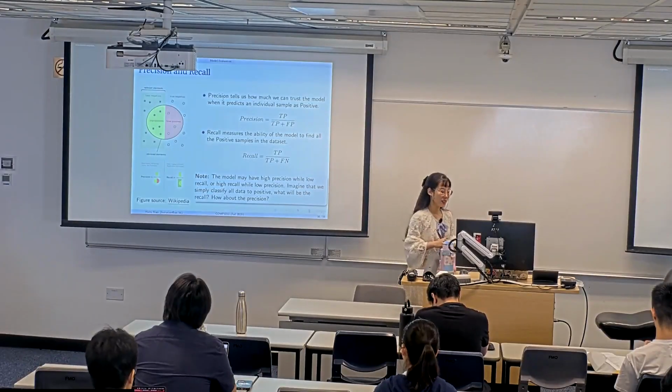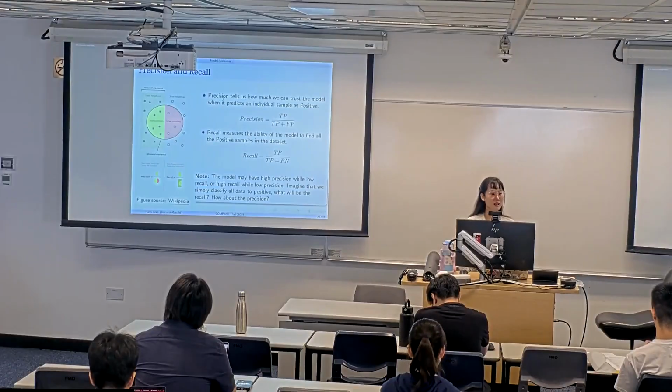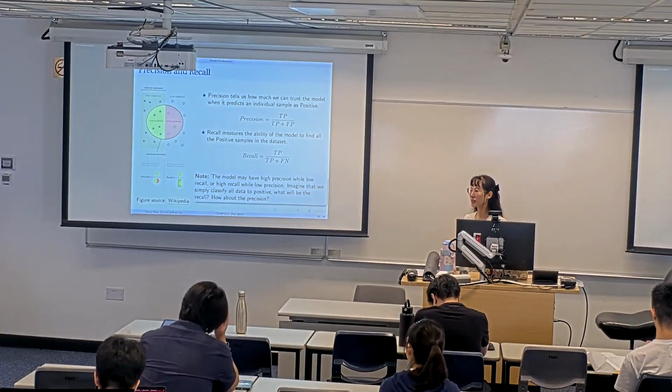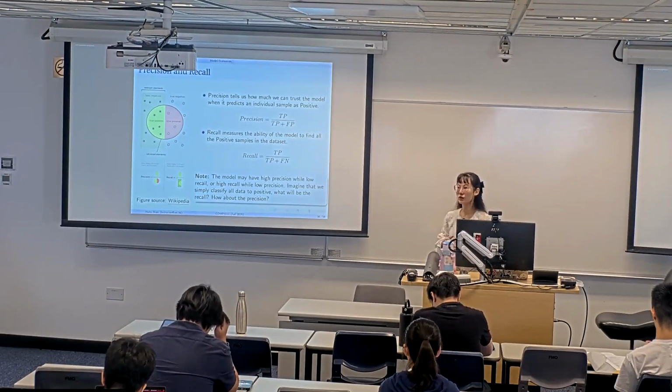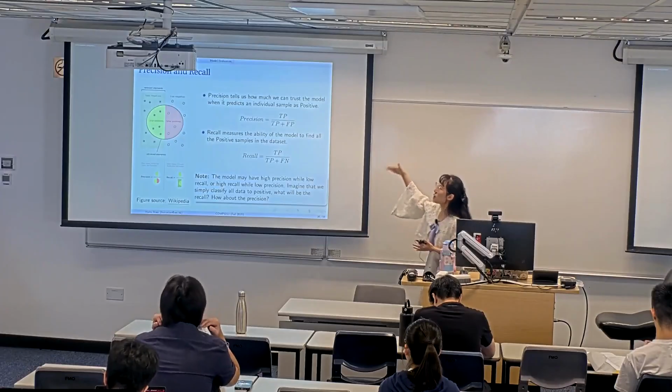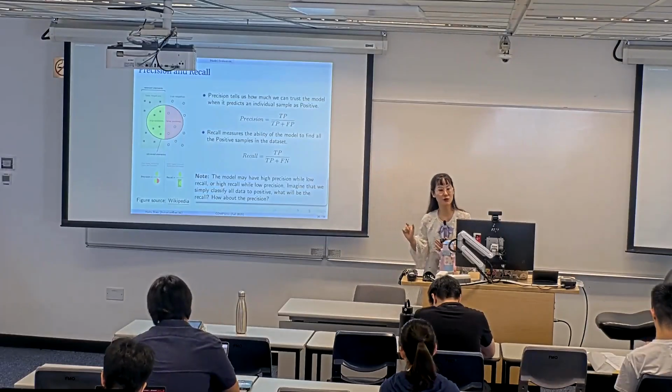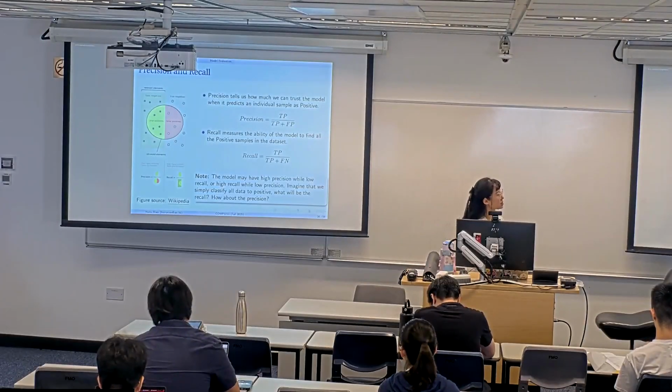Is there a better way to combine the two evaluation metrics so that we can measure these two abilities of a model at the same time? Yes, we have such a way to combine precision and recall to find a balance of the model performance.